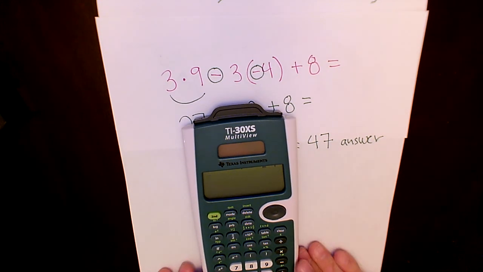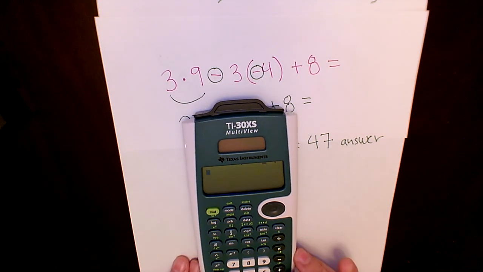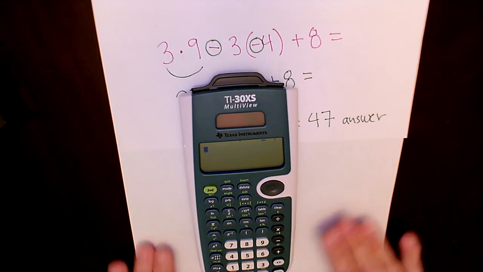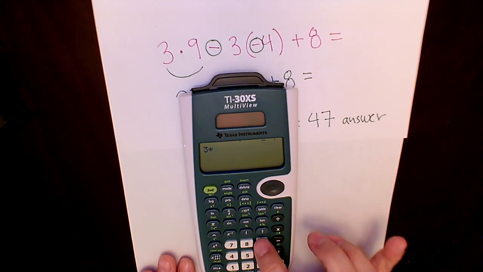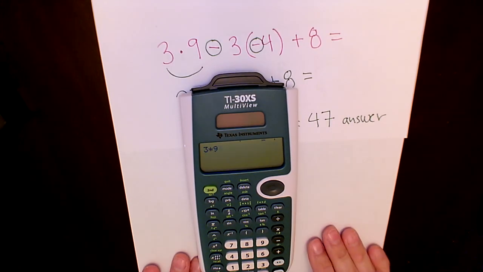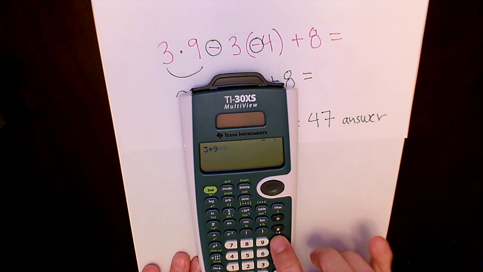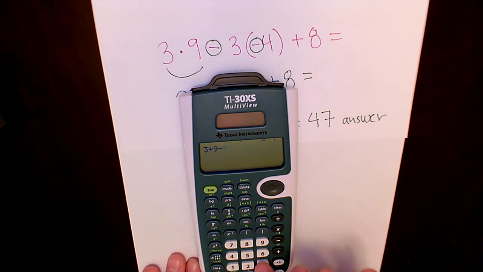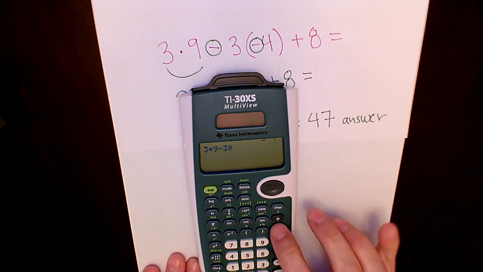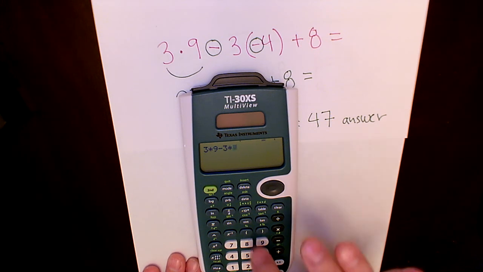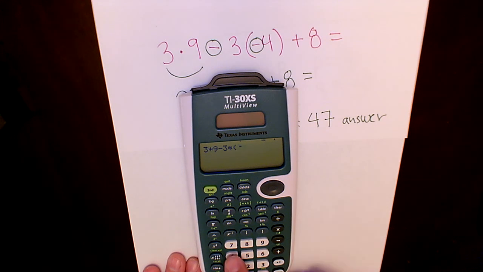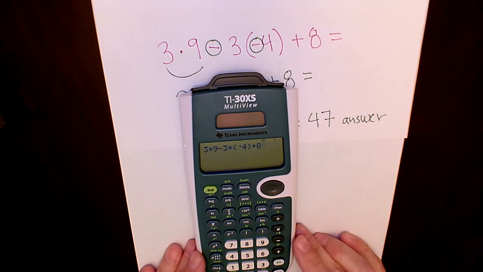Okay, so I'm going to put 3 times 9, okay, subtract 3 times parenthesis -4, negative down by the enter, close it up, plus 8.